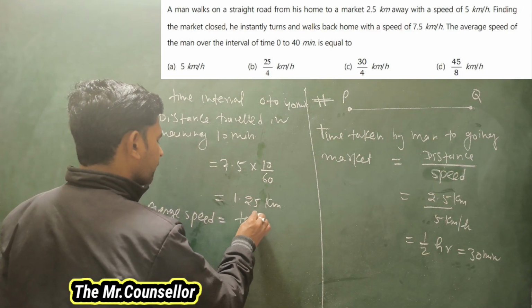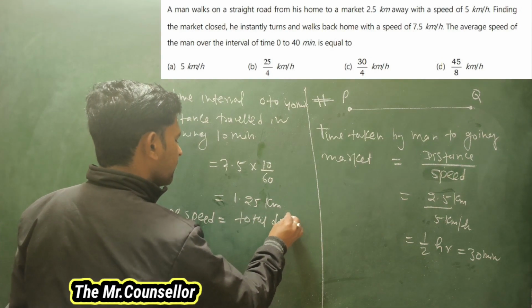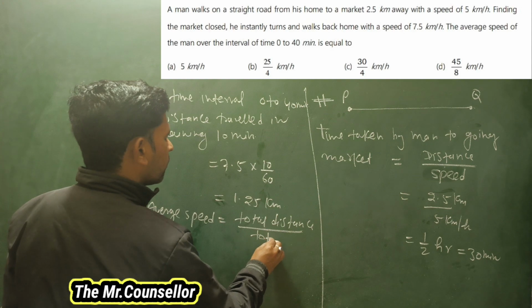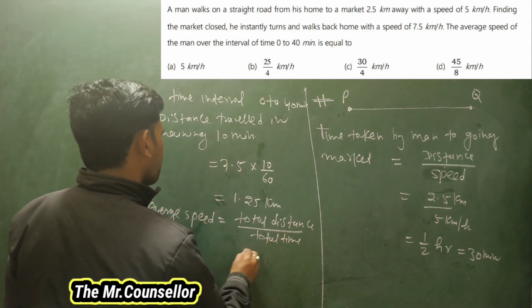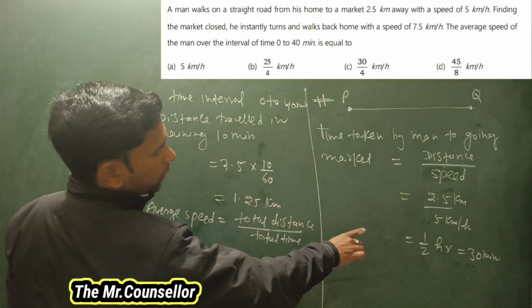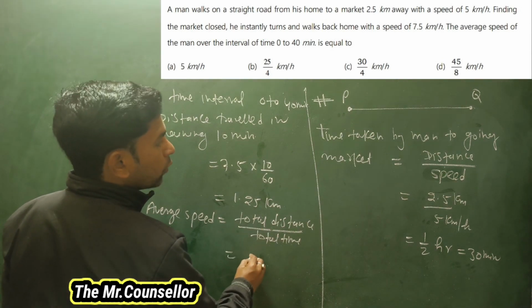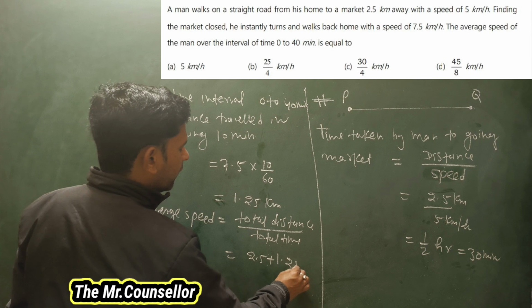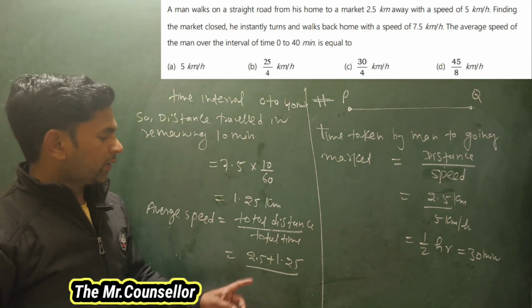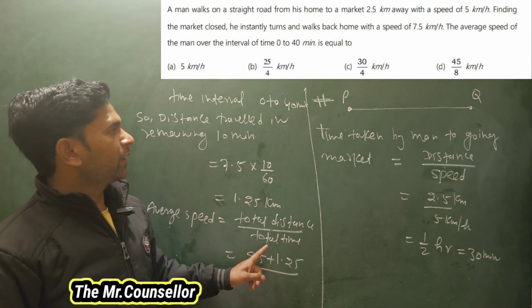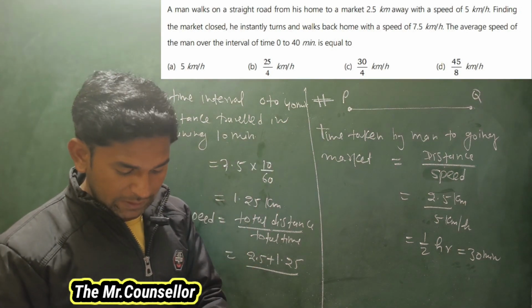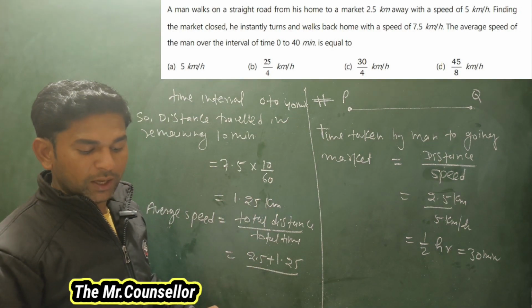We can write here total distance divided by total time. Total distance is first 2.5 plus another 1.25, divided by total time. The time interval given is 0 to 40. Please do remember this thing. This is a very important point.